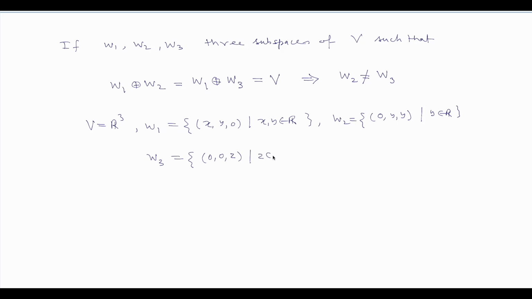You can verify this property: W1, W2, W3 are three subspaces such that W1 direct sum W2 is equal to W1 direct sum W3, so we cannot conclude that W2 and W3 are equal. This is what we want to say with this example.